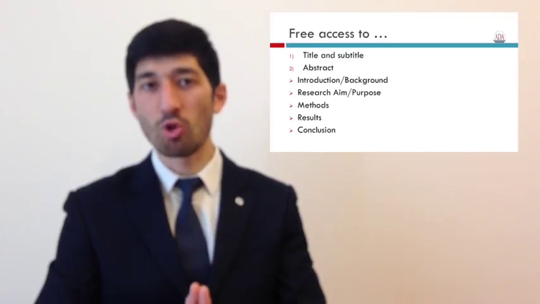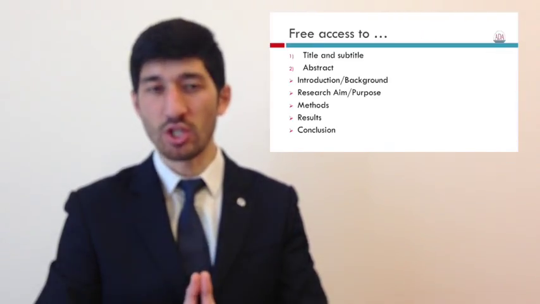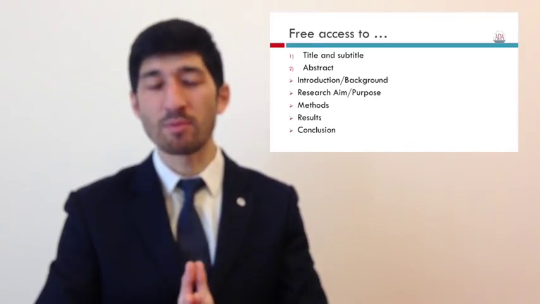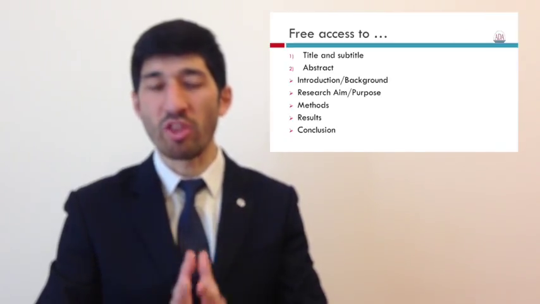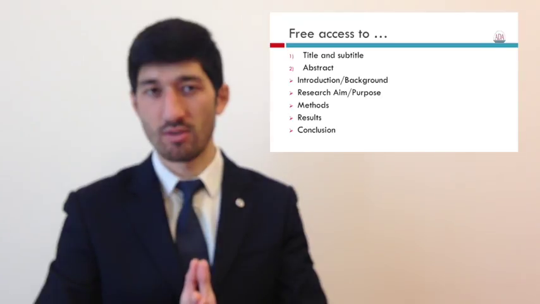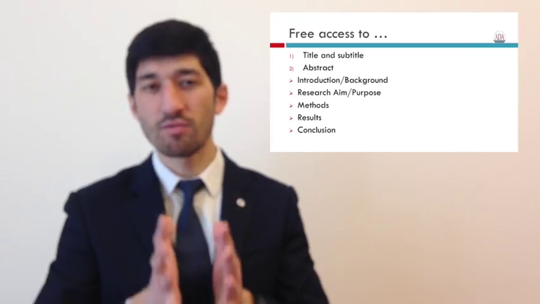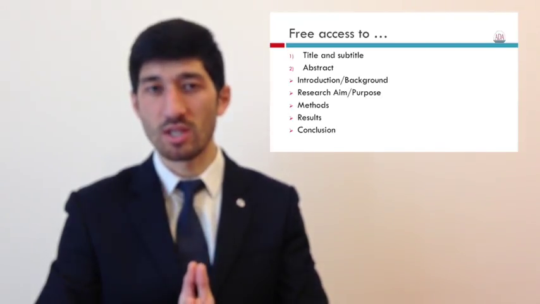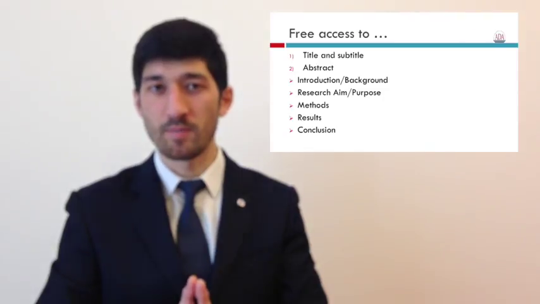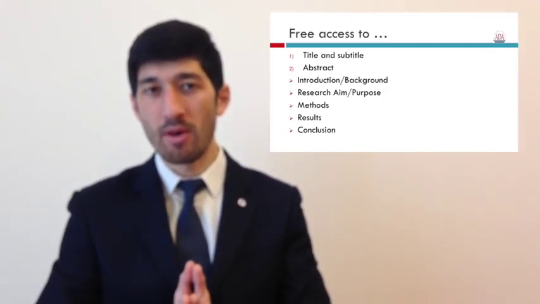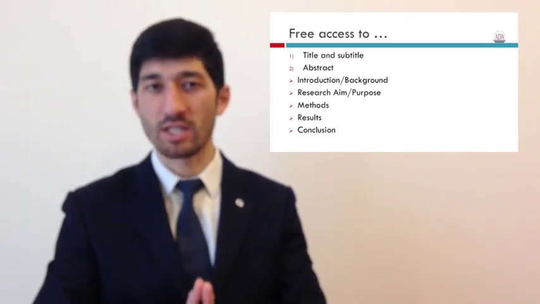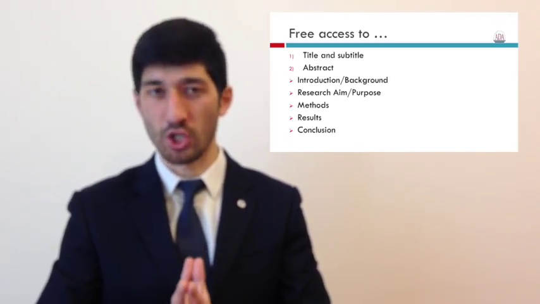And the aim is followed by the method section, which describes how the aim was achieved and through which methods. And this is followed by results and conclusion, which shows the results of the aim that was targeted at the beginning of the research initiative.